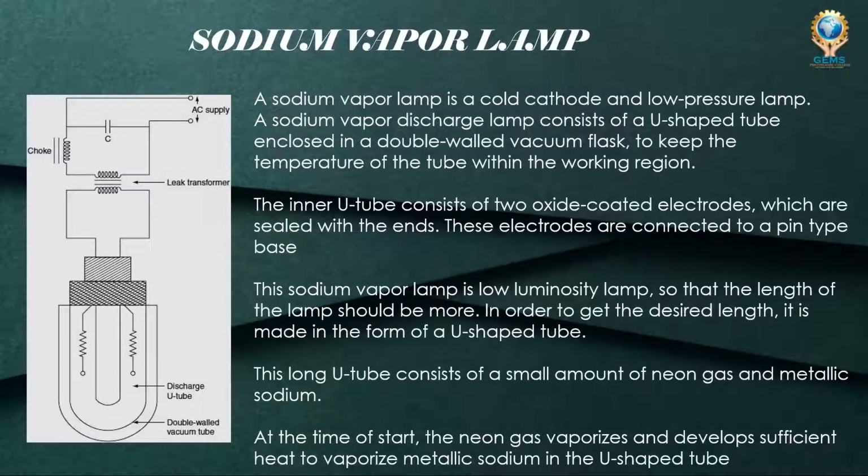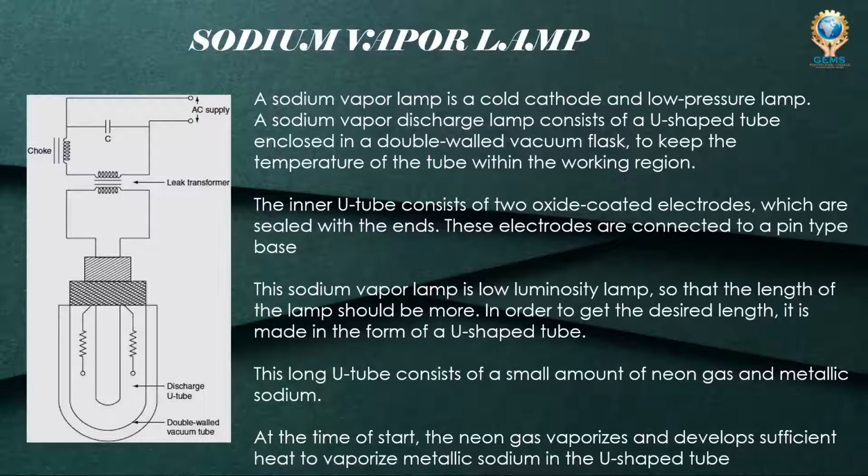Now we will see the sodium vapor lamp. The diagram shows the construction of the sodium vapor lamp. The sodium vapor lamp is a cold cathode, low pressure lamp. It consists of a U-shaped tube enclosed in a double-walled vacuum flask.